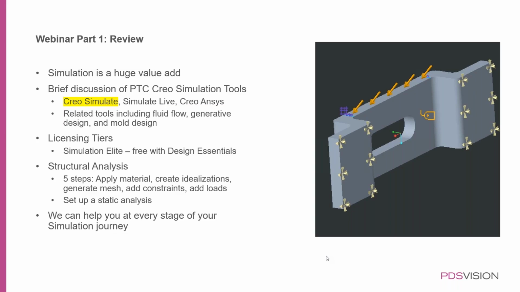And we have mold design in Creo as well. I'm sure I'm missing some others in here, but there is a large suite of products as far as simulation related things. But these three, Creo Simulate, Simulate Live, and Creo ANSYS, are the main three in terms of structural simulation.